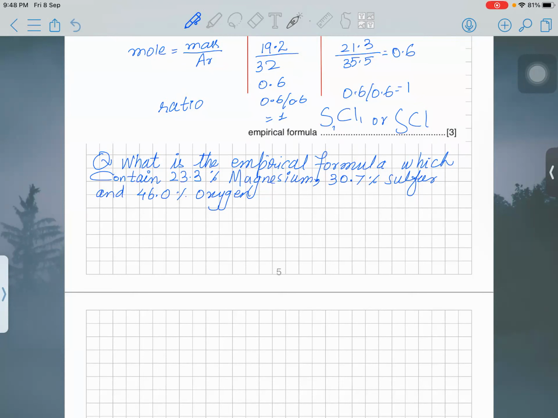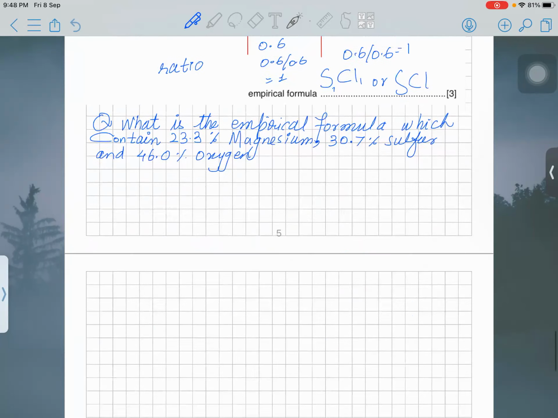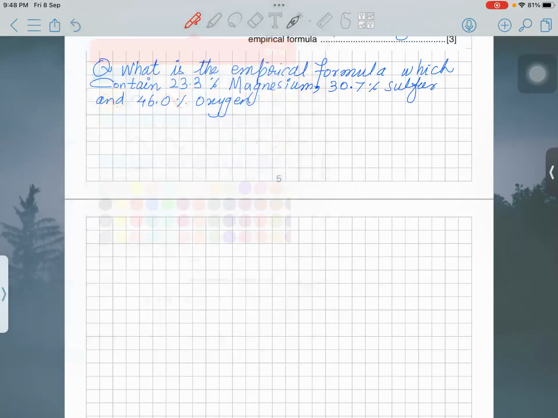Solve this question. Sulfur is 30.7 and oxygen is 46. Next is AR.